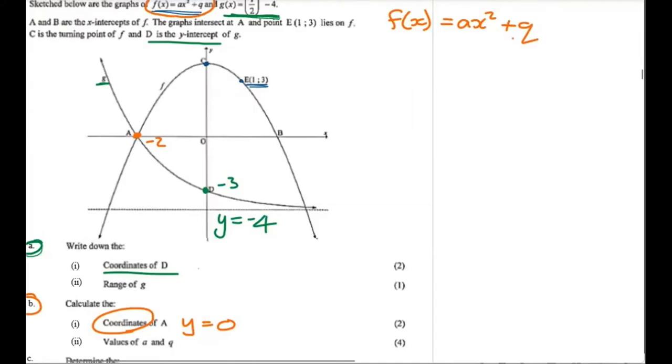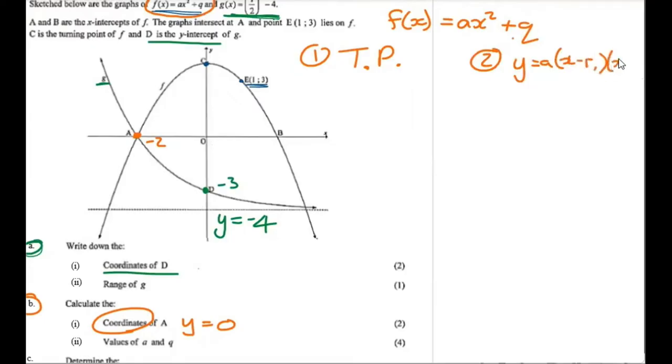The one, I need the turning point because that will be my q value. So method one is your turning point, which I don't know about you guys, but they haven't given it to us. Method two is actually a different format of the equation. Remember, it looks like this: x minus root 1 and x minus root 2.